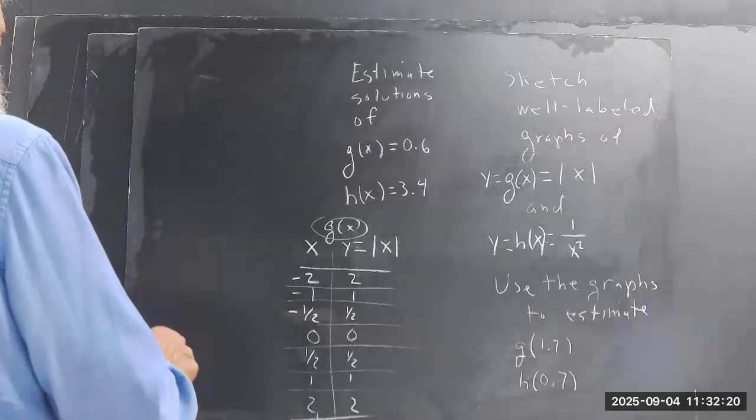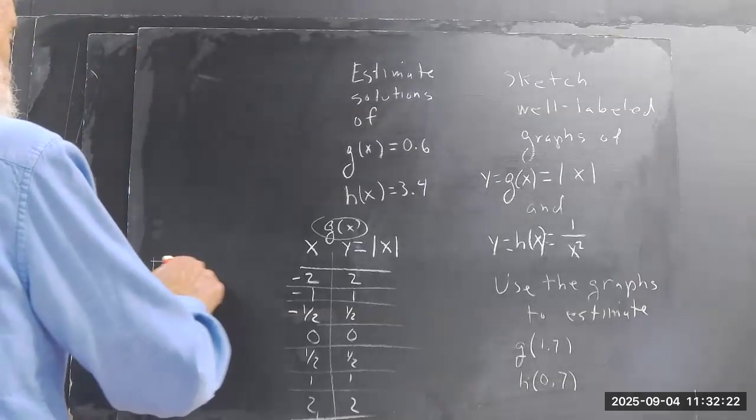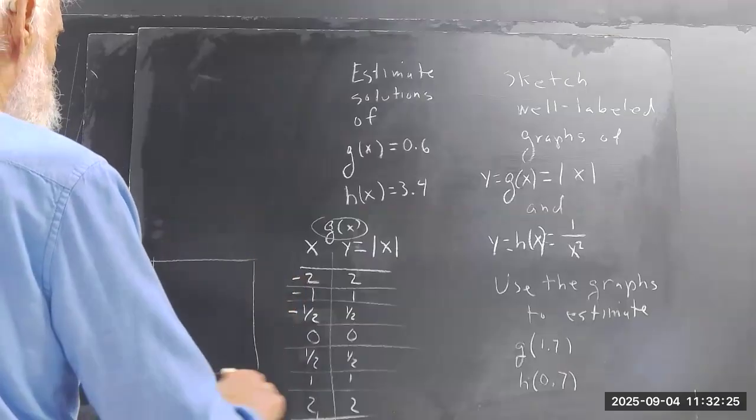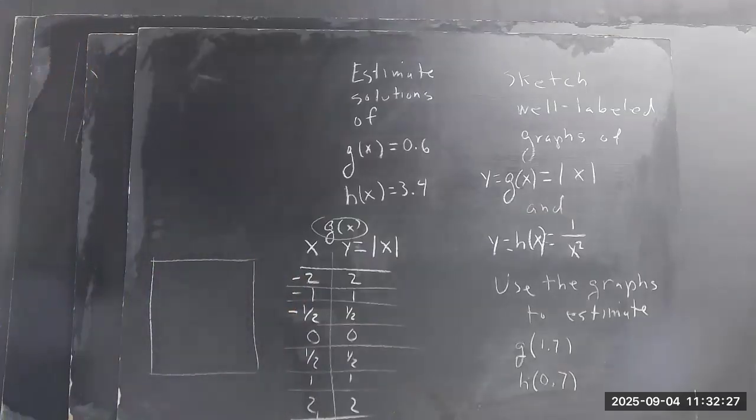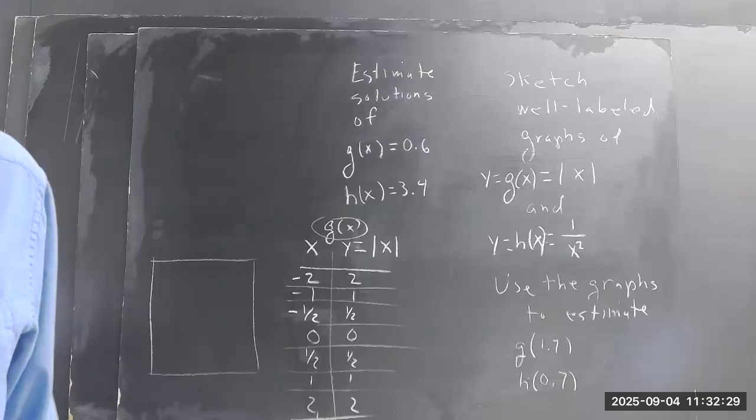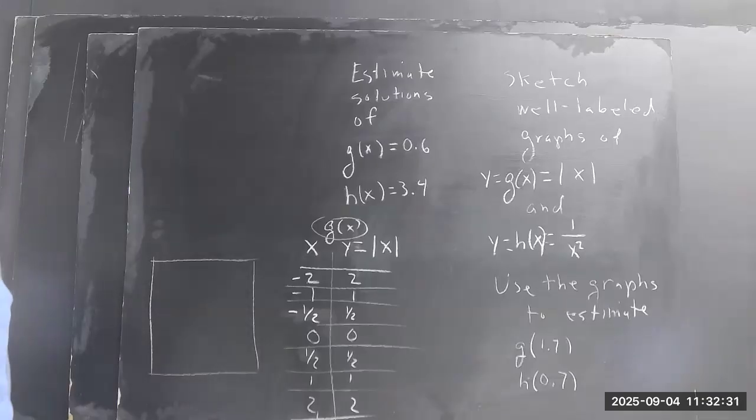Okay, now I tend to make my graphs in windows. Because if you look at a graph on a computer or on a calculator, and you'll have plenty of opportunity to do that, mostly in other courses, but also in this one to the same extent, okay? You're looking at the graph in a window.